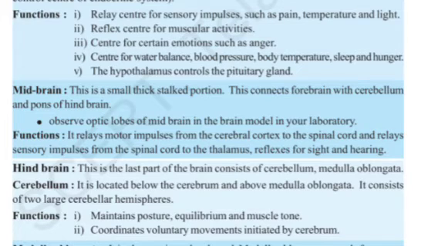The function of the midbrain is to relay motor impulses, electrical impulses, from the cerebral cortex to the spinal cord, and to relay sensory impulses from the spinal cord to the thalamus. It also controls the reflexes of sight and hearing.